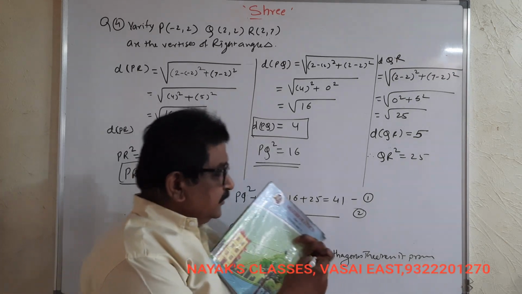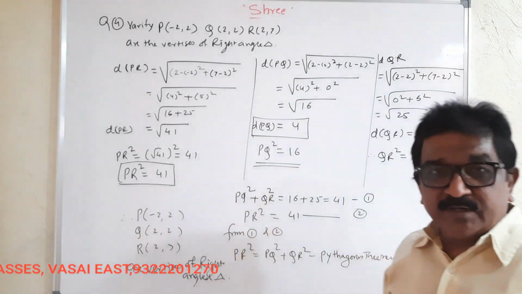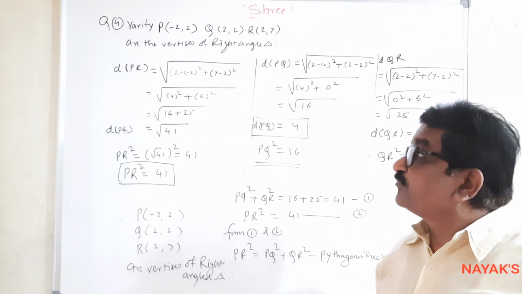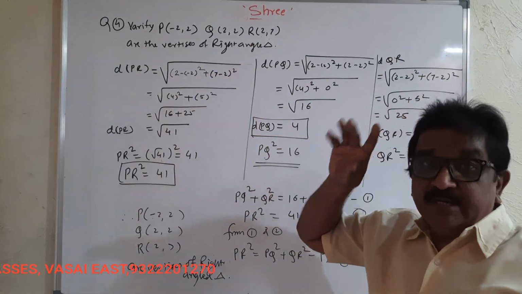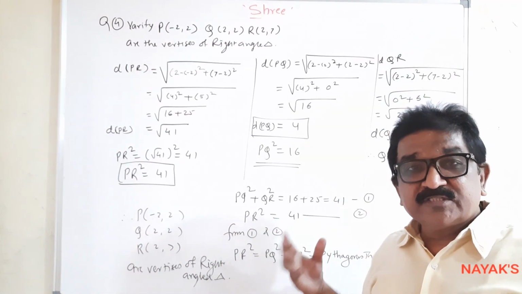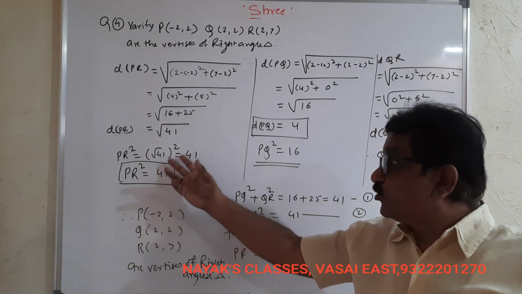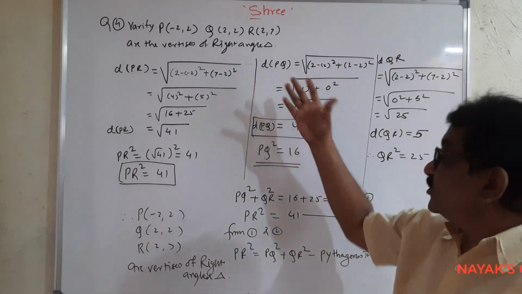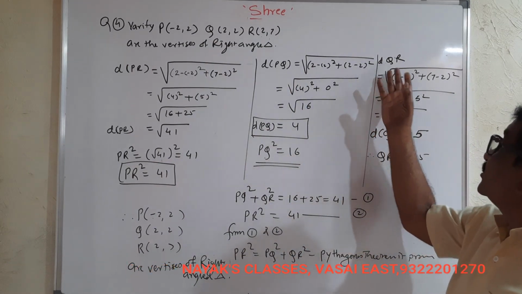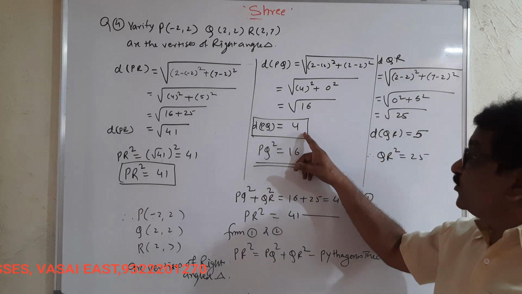Finish. So whatever examples we are solving now are very important for the exam. They have given 3 points and we have to prove that they are the vertices of a right angled triangle. We found the distance PR, it is root 41. We found the distance PQ, which is 4. And we found the distance QR, which is 5. 5 square plus 4 square is 41.